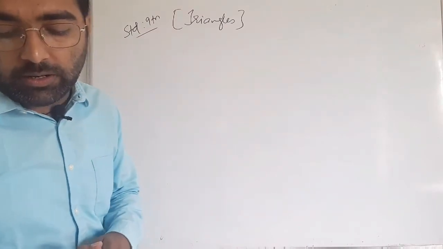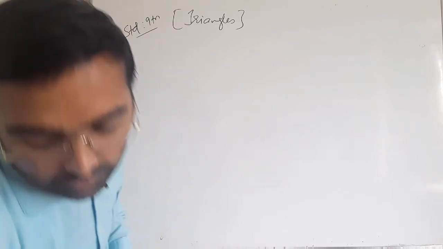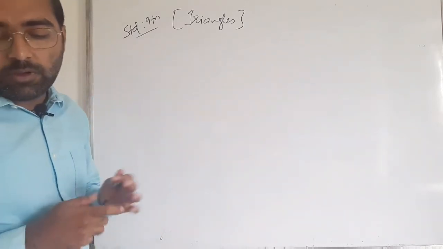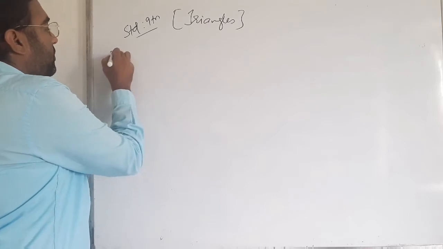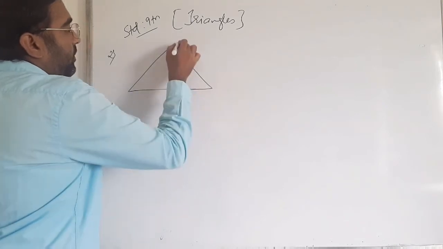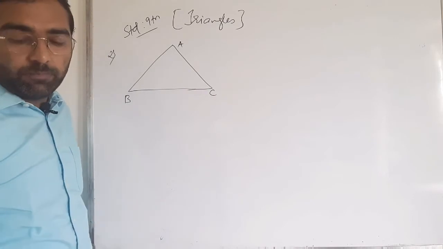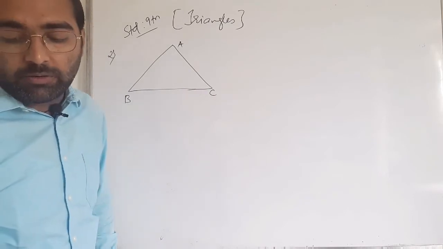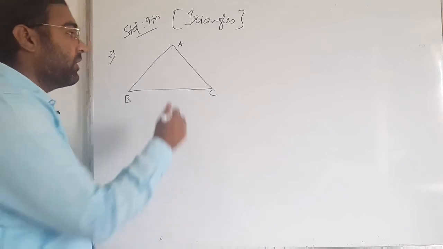In triangle ABC, AD is a perpendicular bisector of BC. Triangle ABC is given, and AD is a perpendicular bisector of BC.